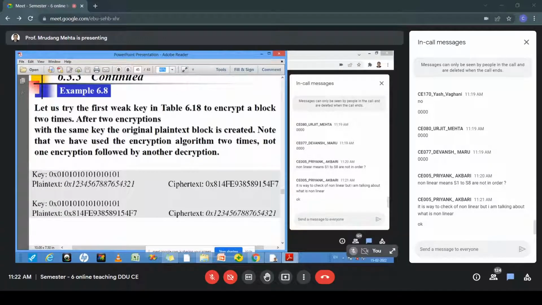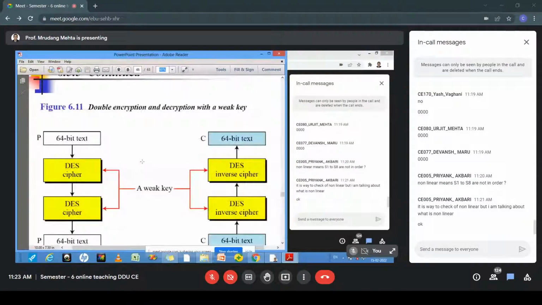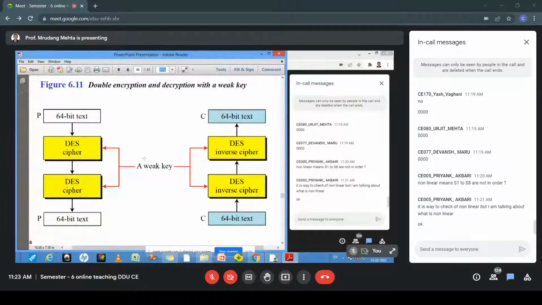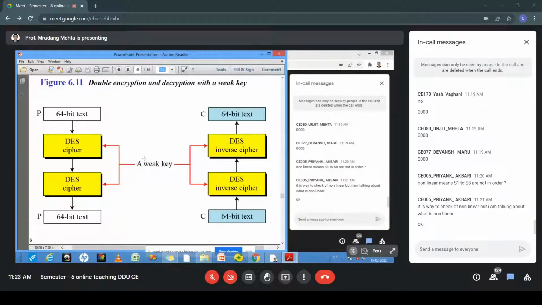Just recollect the example we had seen, where our plain text is 1 2 3 4 and this is a weak key, 0 1 0 1 0 1 0 1. We get this ciphertext. Now again we apply the ciphertext with this key, and we get the plain text. So after two encryptions, we get the same text, right? So this is double encryption and decryption with a weak key.